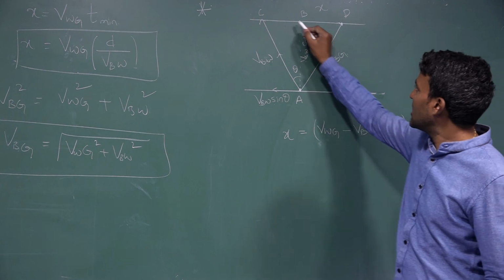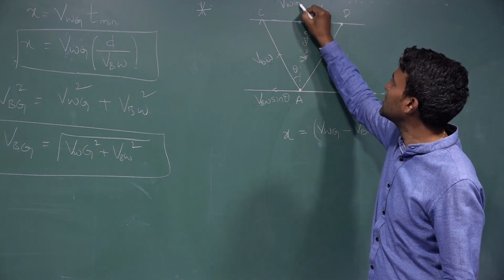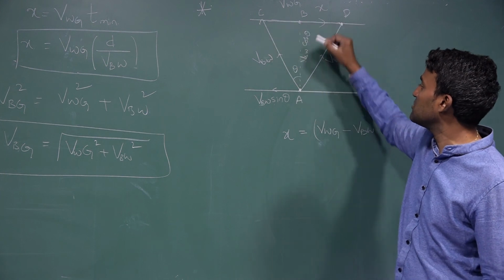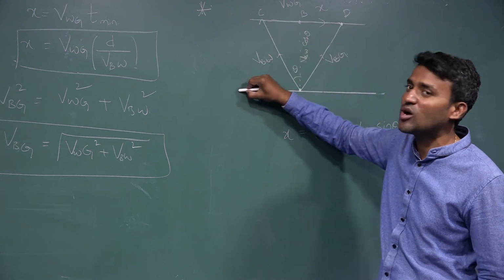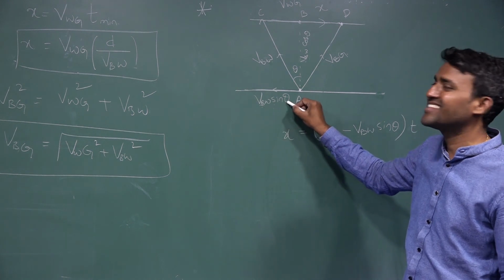See here, the velocity of the water with respect to ground is along this direction. But here there is one opposite component, that opposite component is VBW sin theta.